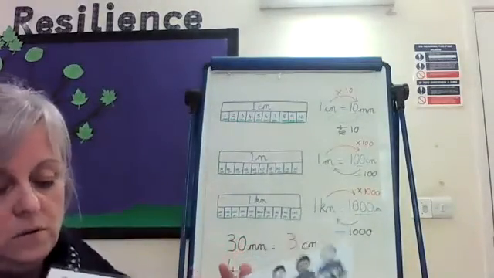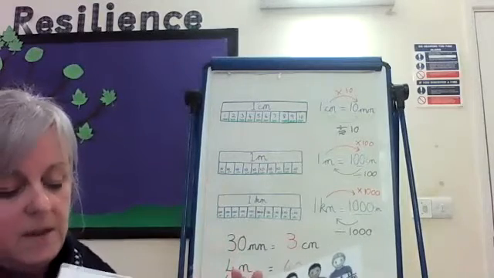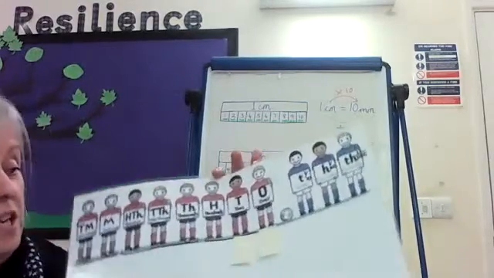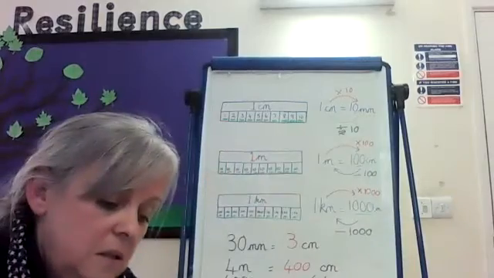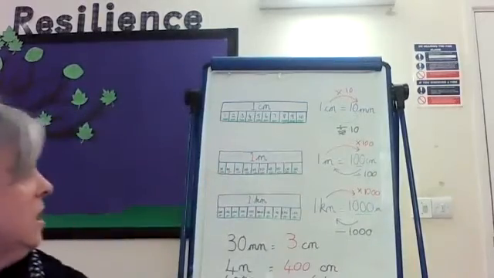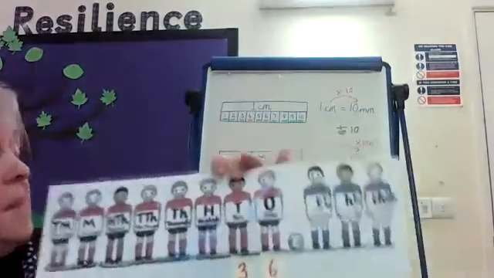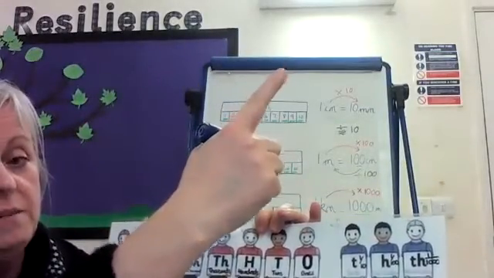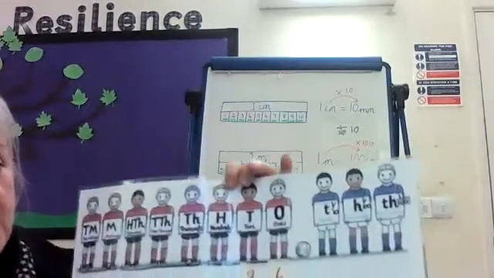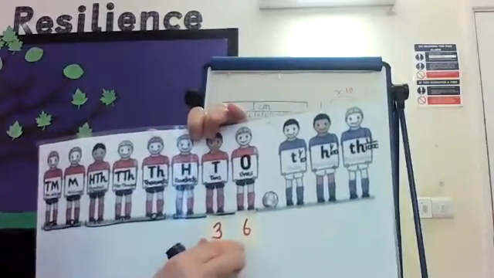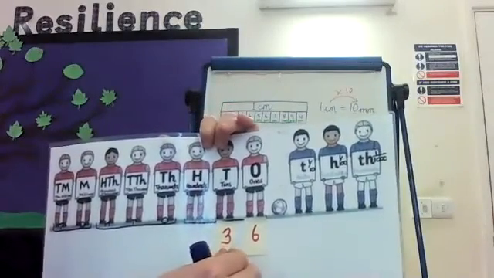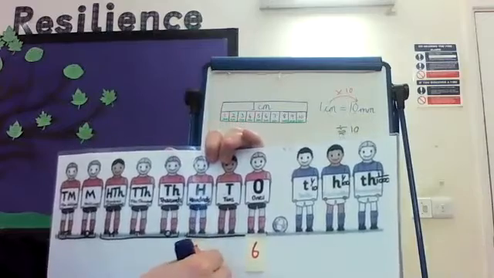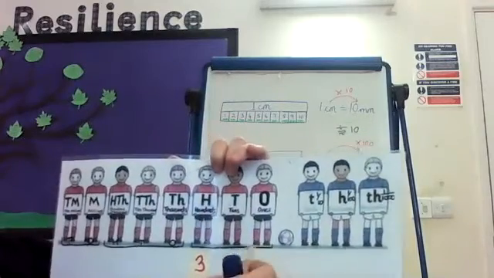So imagine I've got 36 centimeters and I want to convert it to millimeters. I'm going from centimeters to millimeters, so I'm multiplying by 10. I know when I multiply numbers by 10, every digit needs to shift 1 place to the left because it's 10 times greater.